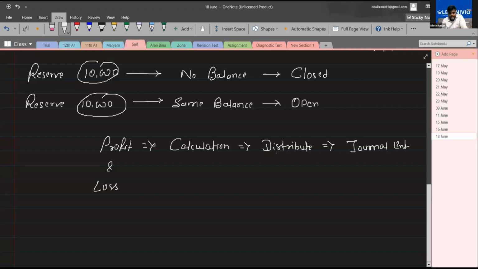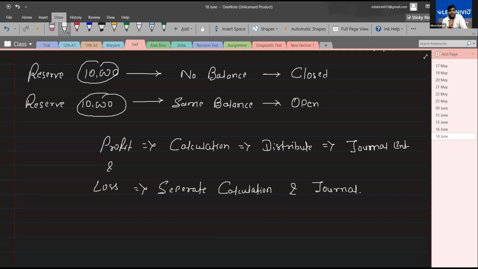And there will be a separate calculation for loss and also the journal. So if you are following case one, meaning you're going to close the books, you have to pass two entries if there are two balances. One for profit, one for loss. You have to do two separate calculations.